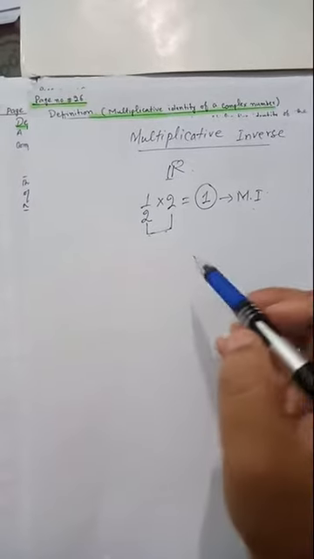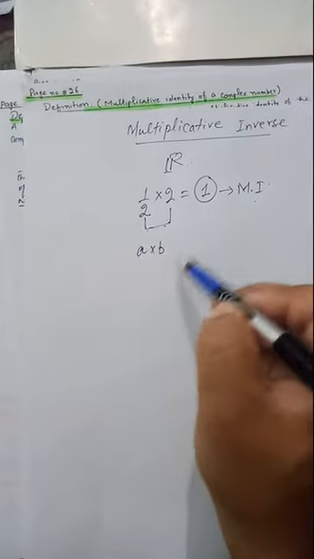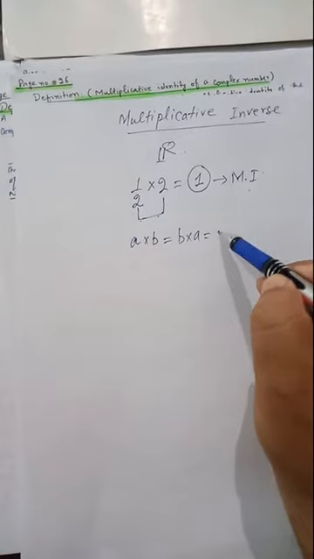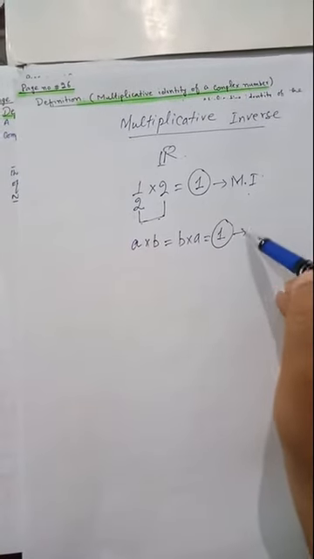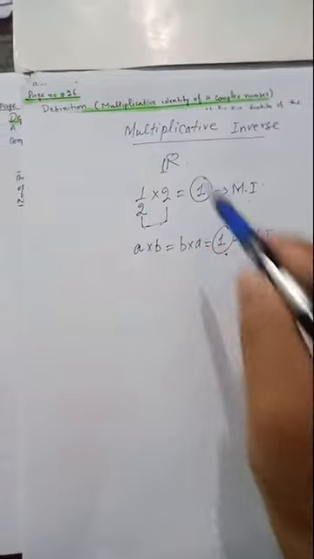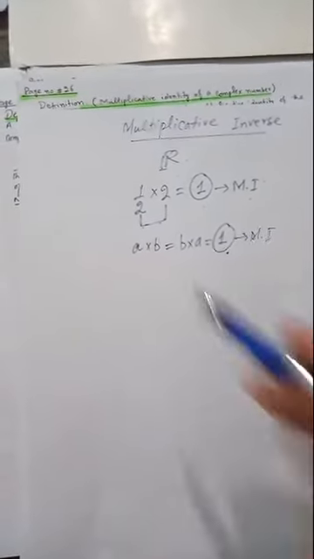So in general, the definition is: if I multiply two real numbers A and B and I get the multiplicative identity, then these two real numbers are said to be multiplicative inverses.